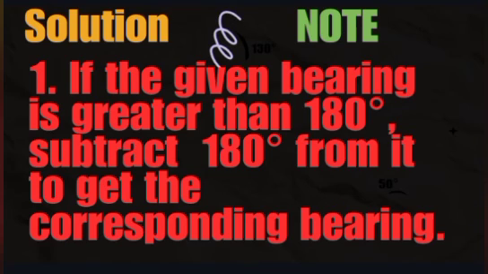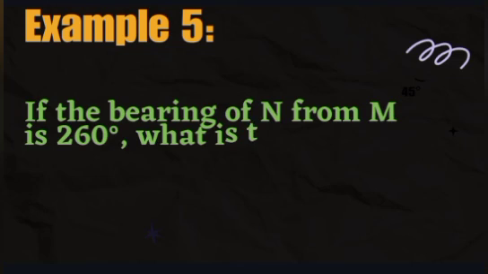The first time I said if it is less than 180, you add 180 to it to get the corresponding bearing. Now, if the given angle is greater than 180, subtract 180 from it to get the corresponding bearing. Let's say, for example, 5.